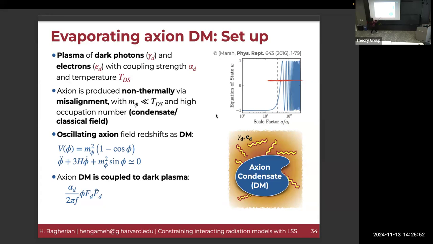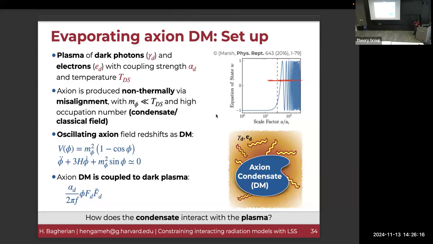So you're basically like dark energy. But then as the Hubble parameter goes below this mass, this term starts dominating in your evolution equation, and you start oscillations. And then on average, you're basically behaving like matter. So this is the idea behind this oscillating field, axion dark matter, and then we couple this axion to the photons in the plasma.